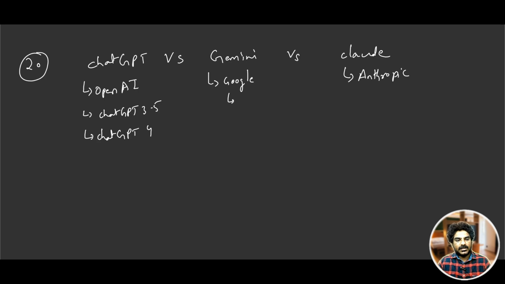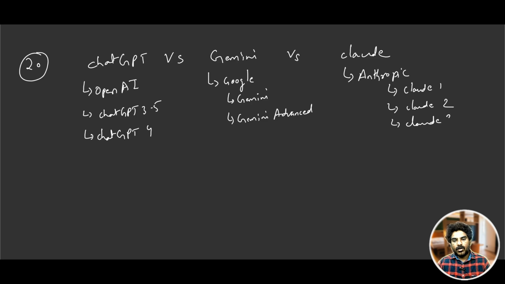Gemini has Gemini version 1 and Gemini Advanced. Coming to Anthropic, you have Claude 1, Claude 2, and Claude 3, which also has three different versions: Haiku, Sonnet, and Opus.